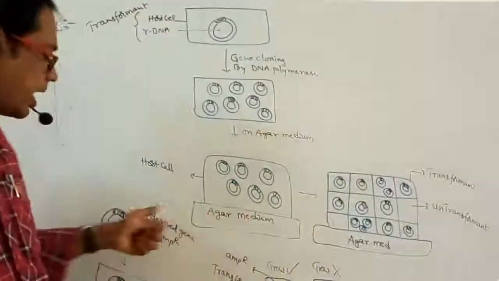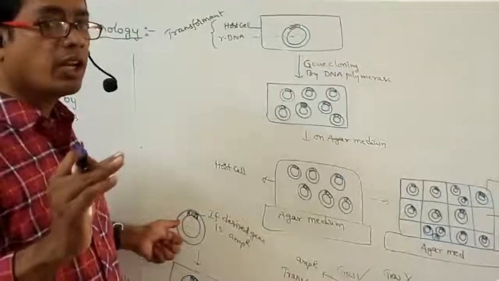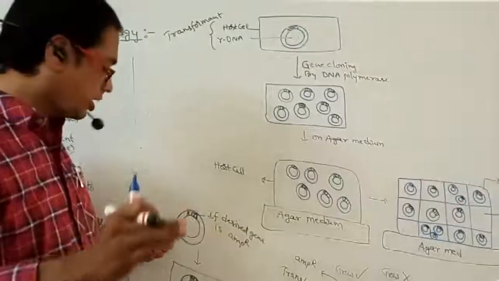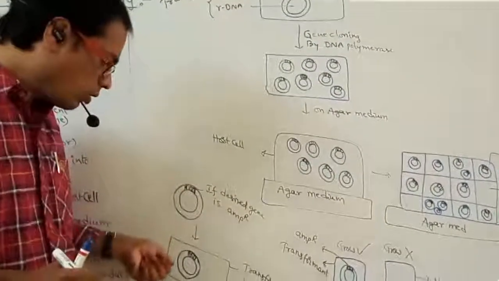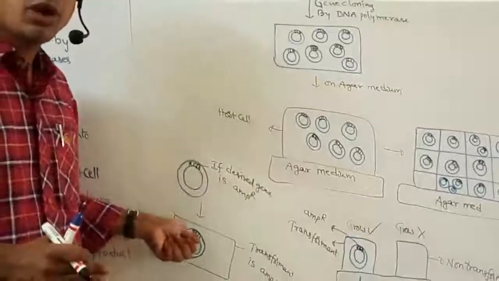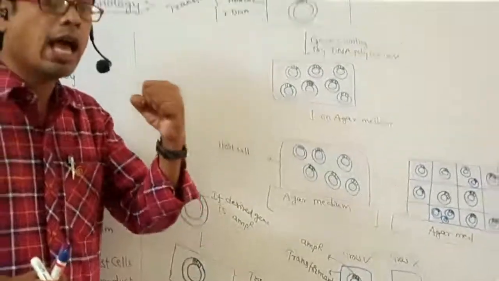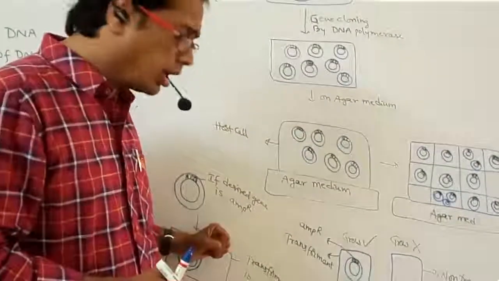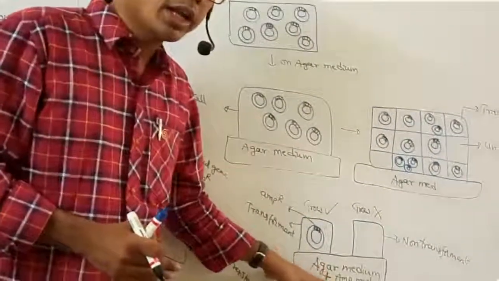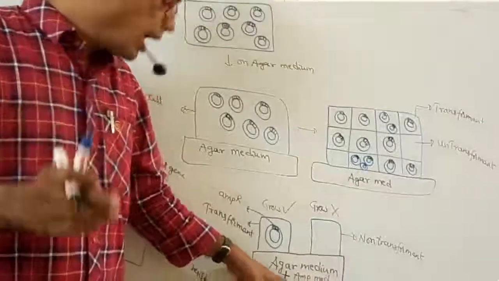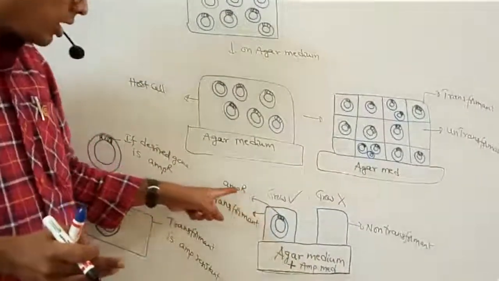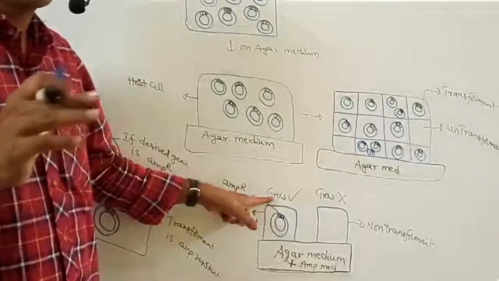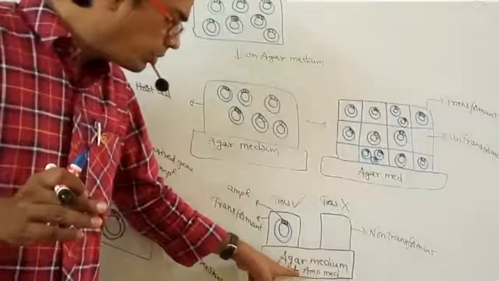Okay, if the desired gene is the ampicillin resistant gene and it was introduced into the host cell, this transformed cell is resistant to ampicillin. Now it is transferred to agar medium containing ampicillin. As the cell contains the ampicillin resistant gene, this transformant will grow and survive on this medium.